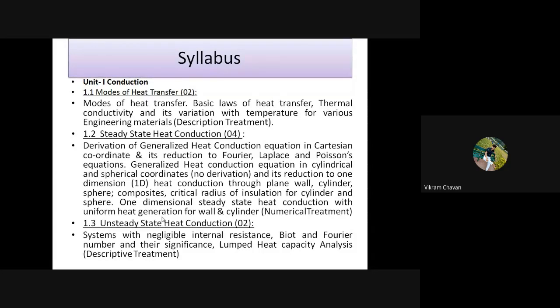So we will deal with the general difference between heat transfer and thermodynamics, and how thermodynamics is useful. What the different terminologies are which we are going to use in heat transfer will be studied in the next lecture, and then we are going to start our first chapter.